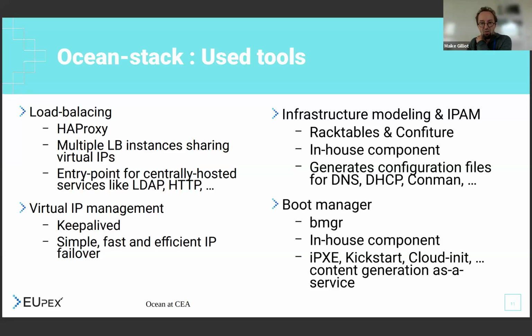It's based on RackTables, which is a database and a web interface that shows the different components and their location, and also the cabling details and descriptions. With that, we can generate configuration files for DNS, DHCP, Conman, and switches also. For switches, it depends on the model, of course, and we have some templating for that.